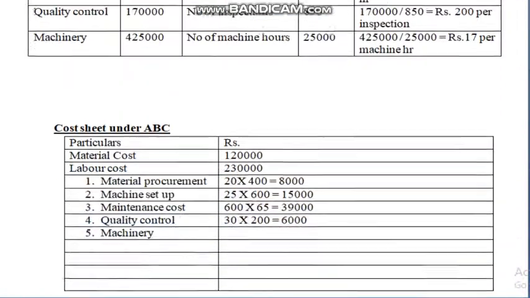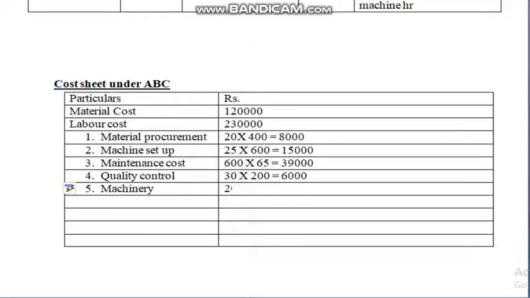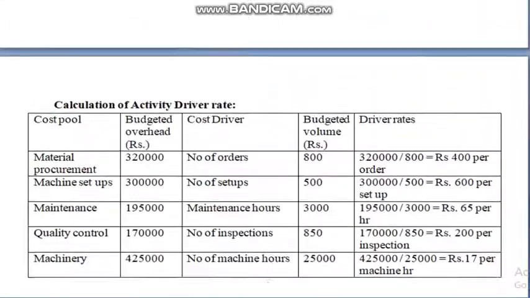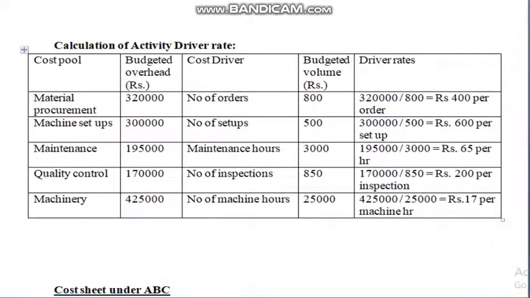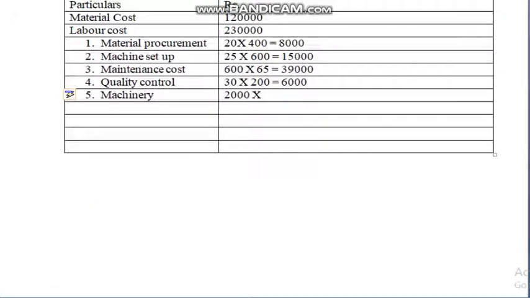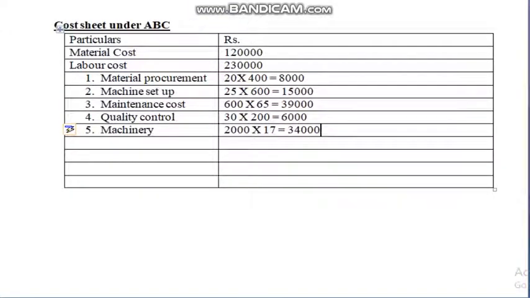So 2000 multiplied by the activity driver rate for machinery, rupees 17 per machine hour. So 2000 multiplied by 17 is 34,000. Now all the activities are over.